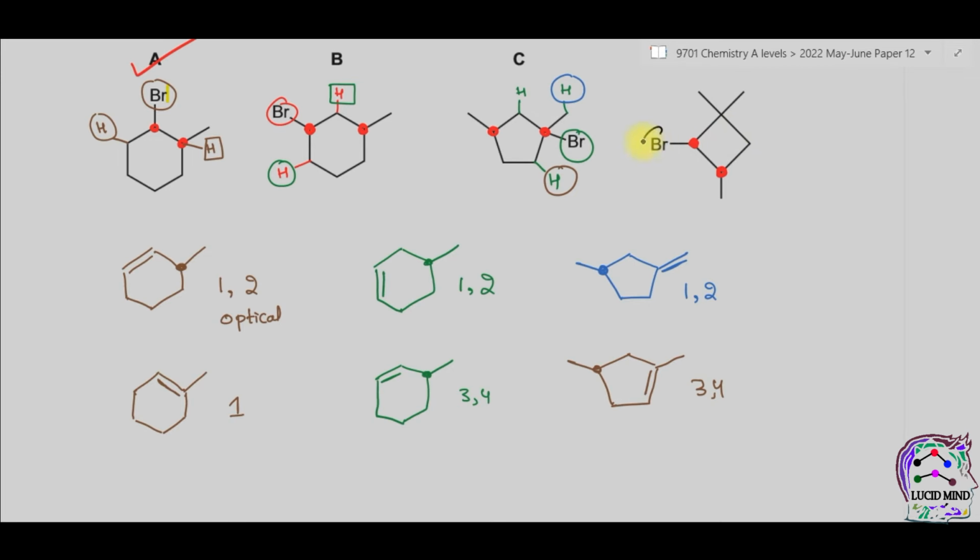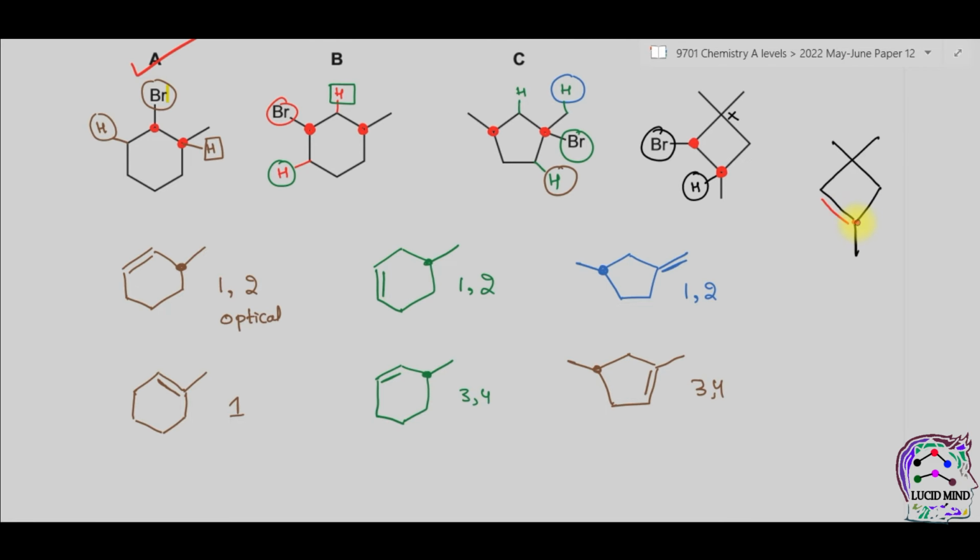We can see we have a bromine atom on this carbon. And this carbon does not have any hydrogen atoms, so we cannot make a double bond between these two. Only this carbon contains a hydrogen atom. So let's remove these two. The product will be like this. And there will be a double bond.